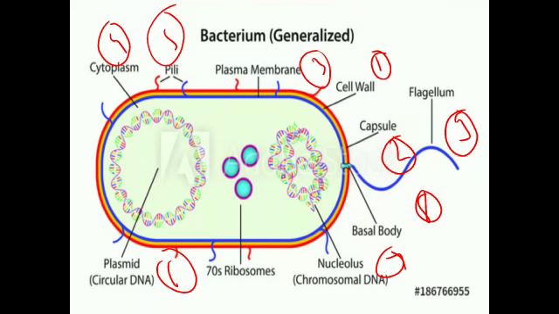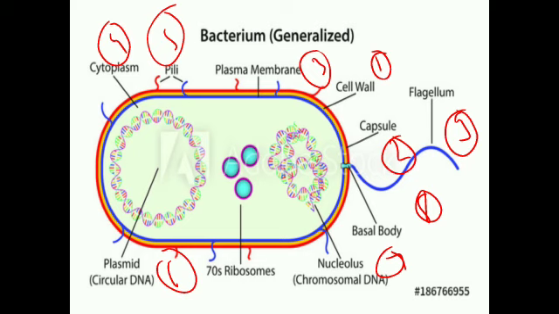So the cell wall, capsule, plasma membrane, cytoplasm, pili, plasmid, nucleoid, basal body and flagellum are all the different parts of the bacterial cell. Let us see the function and structure of each and every part.